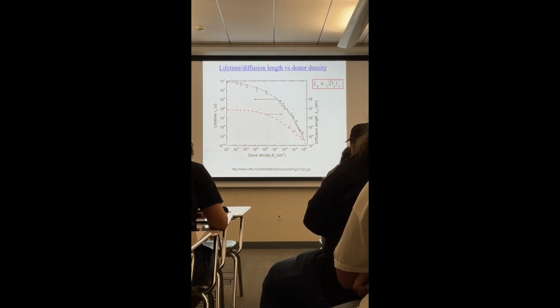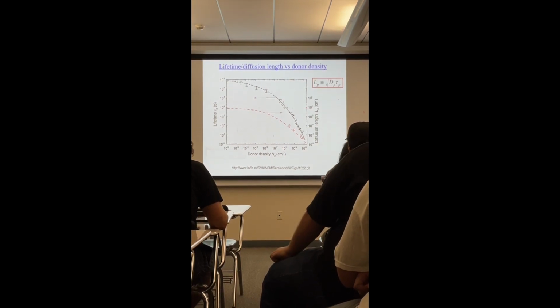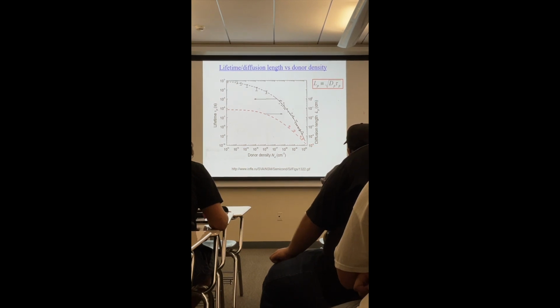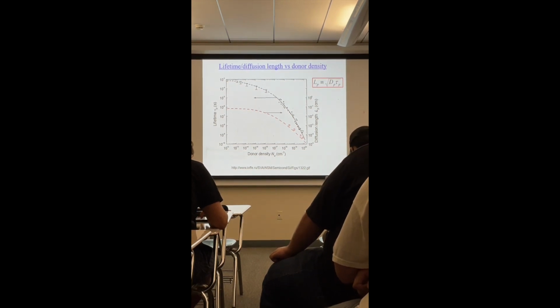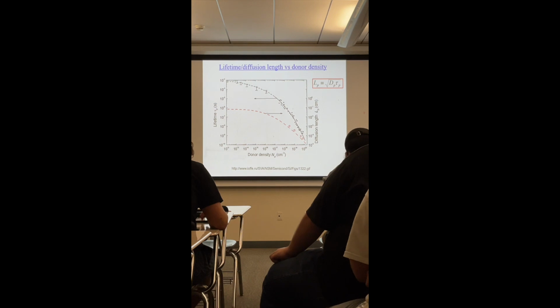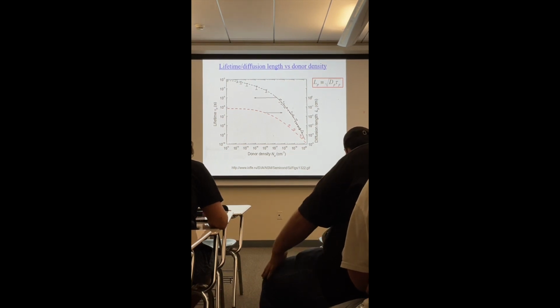For example, the diffusion length can change from 0.1 centimeter to 10 to the minus 5th centimeter, 4 orders of magnitude. So this is very helpful. You can control this and adjust the current in a PN junction.